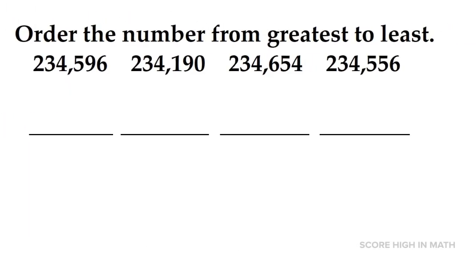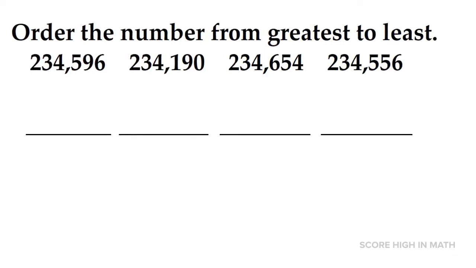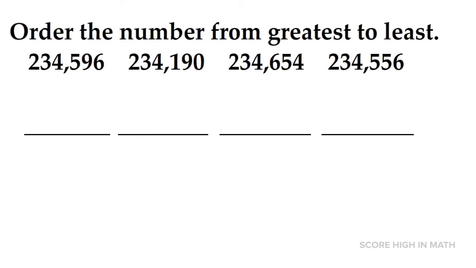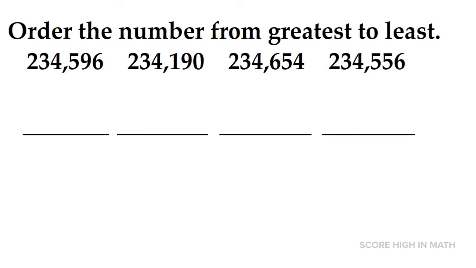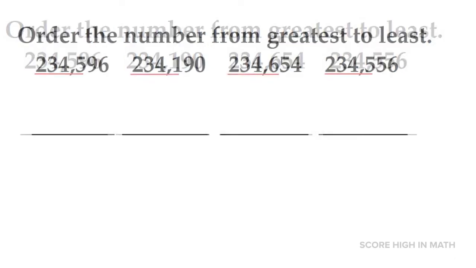Let us work on this example so that you will be guided on ordering numbers. Order the numbers from greatest to least. The numbers are 234,596, 234,190, 234,654, and 234,556.